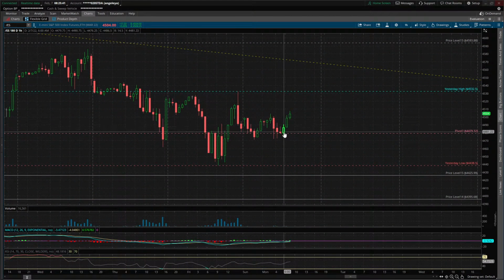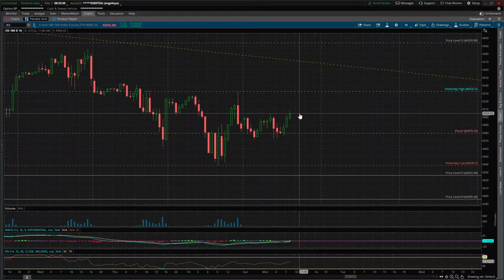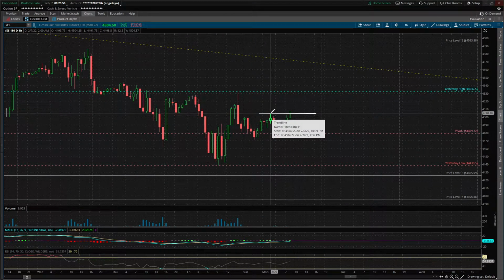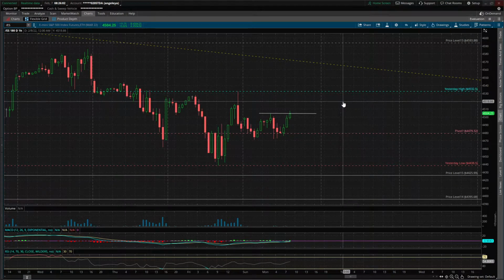We had a 3 candle form right here, and then a 2. So we have a 3-2-2 continuation. We could keep running, per the strat. We crossed this price target, so technically all the way up here would be price target number 2, probably even yesterday's high. But it's pre-market, so we're going to have to wait and see.